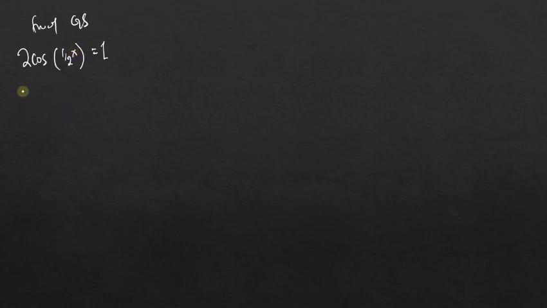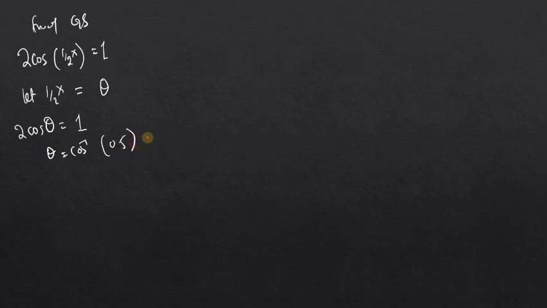The first thing you want to do is to let the angle in the bracket be equal to another angle. So we have 2 cos theta equal to 1, and then theta will be equal to cos inverse of 0.5, which you nicely get to be 60 degrees.